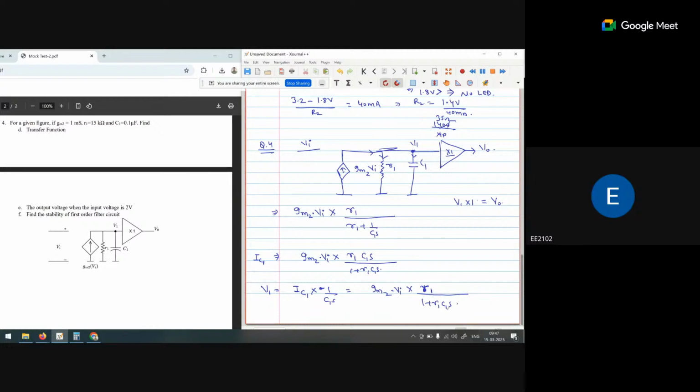Now if I put V0 in place of V1, V0 is equal to Gm2 times Vi into R1 upon 1 plus R1 C1s. If I divide, V0 upon Vi is equal to Gm2 multiplied by R1 upon 1 plus R1 C1s. So this is my transfer function.